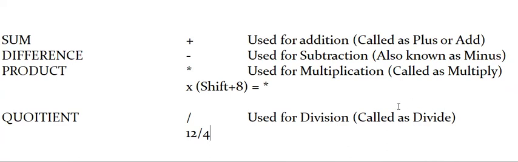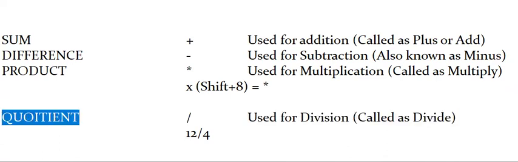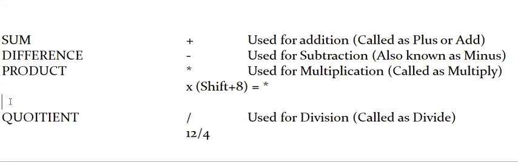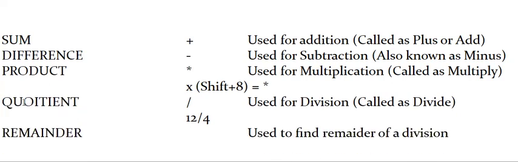It means that the first value will be divided by the given value. And this is the forward slash. That forward slash works as a division sign in computer. So quotient means you are going to perform some kind of division. The name of the division operator is slash, and the name of the operation for the division is called quotient. Now, moving ahead to the last one, and it's remainder.